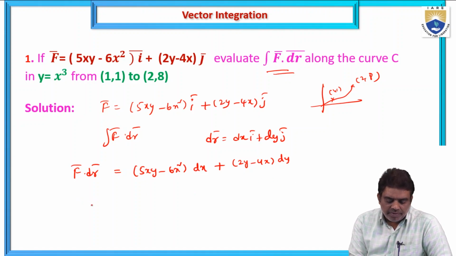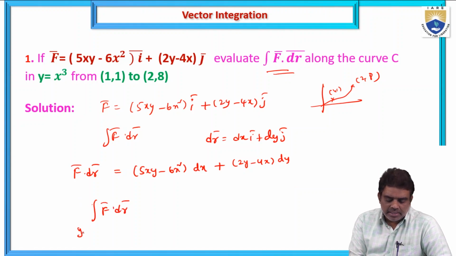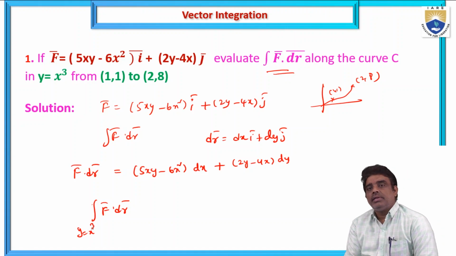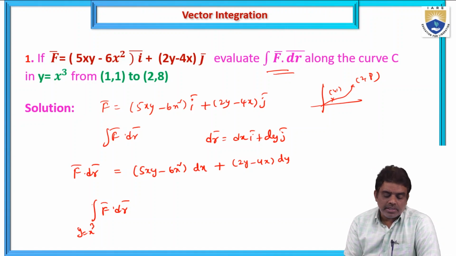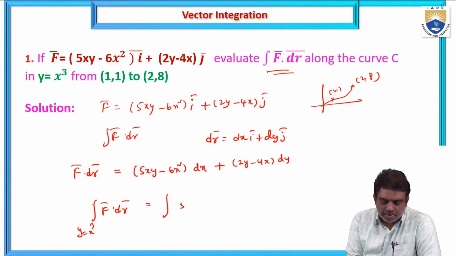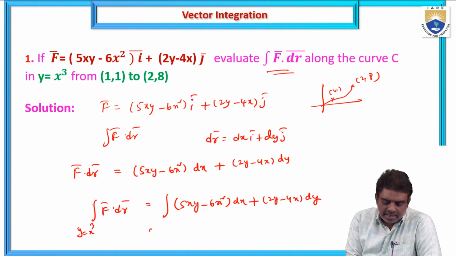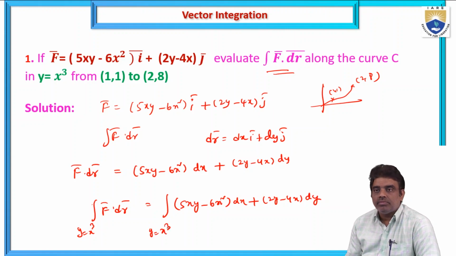Now I want to evaluate the integral of f bar dot dr bar along the curve C, that is y is equal to x cube. The points are also given, from (1, 1) to (2, 8). That is the integral of (5xy minus 6x square) dx plus (2y minus 4x) dy along the curve y is equal to x cube.